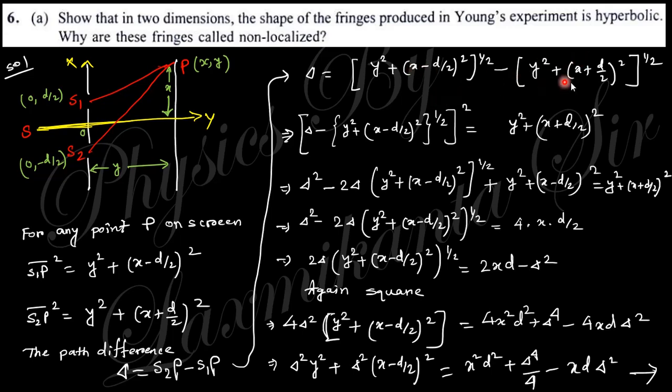Just taking this difference and putting it on the same side, after squaring, the two y square terms cancel out, and this gives you the 4ab formula.